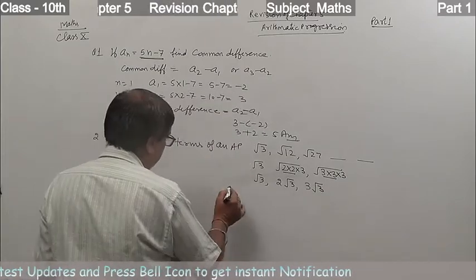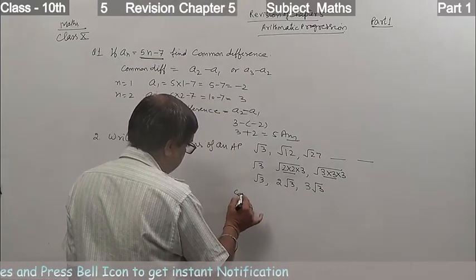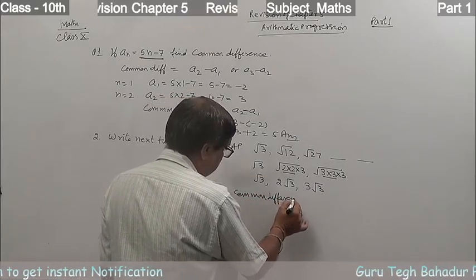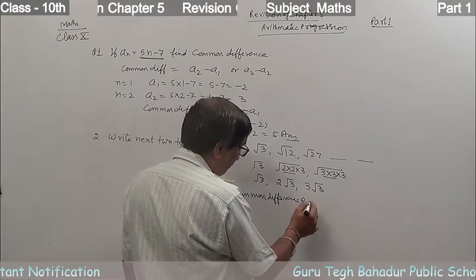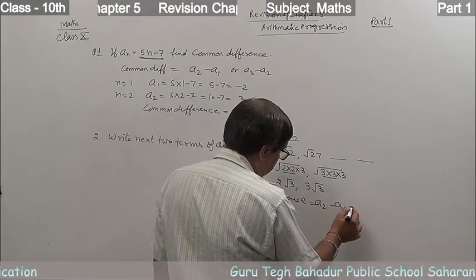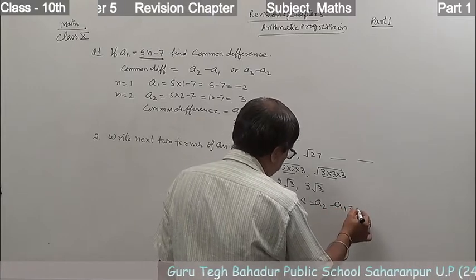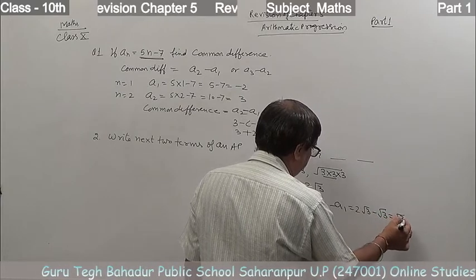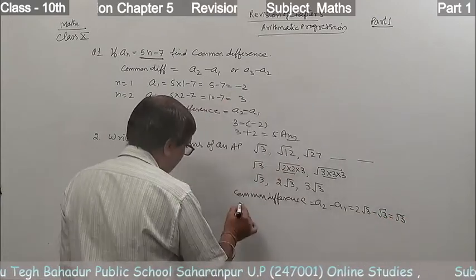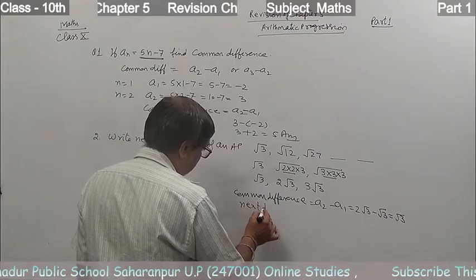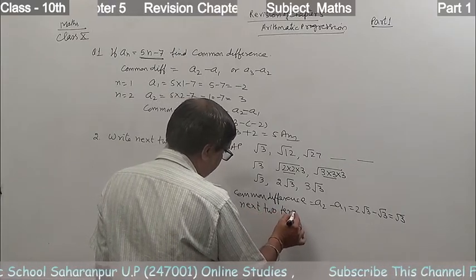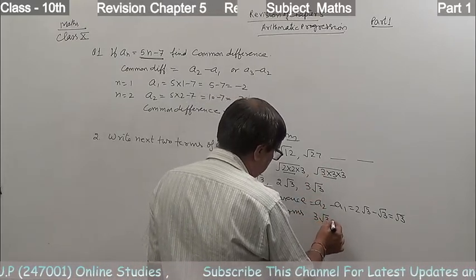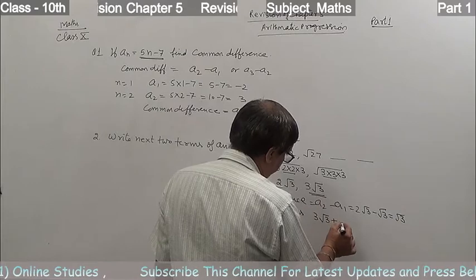So, you see the common difference is a2 minus a1, that is 2 root 3 minus root 3, so it is root 3. So, the next two terms are 3 root 3 plus the common difference.